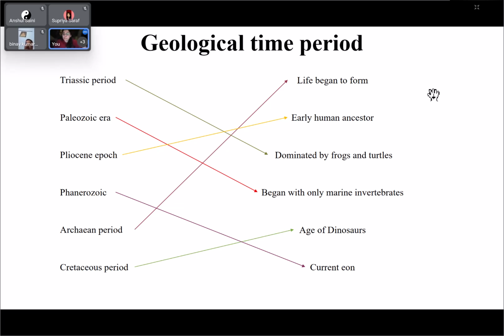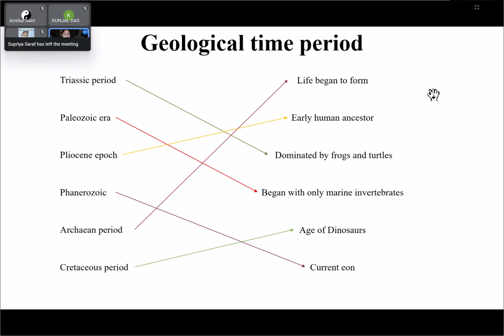Then there was the first invertebrate that came onto the planet, the first mammal, the first marine life. So of course it's too huge, but there are some very specific examples given in the lectures. So when you read that, these are from there, so be very careful of what we're talking about.